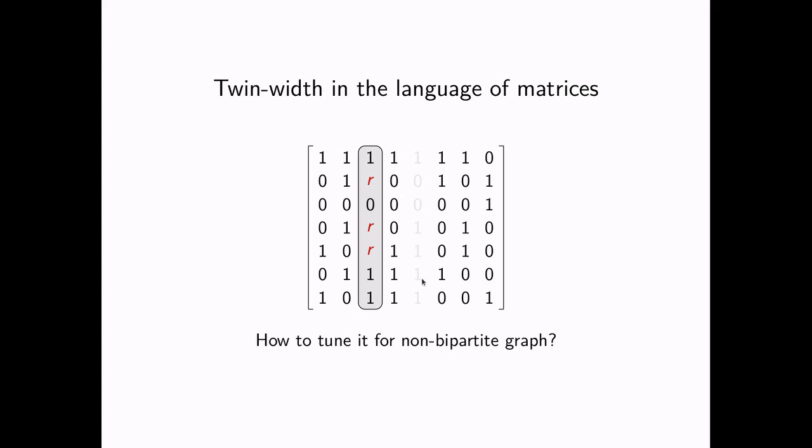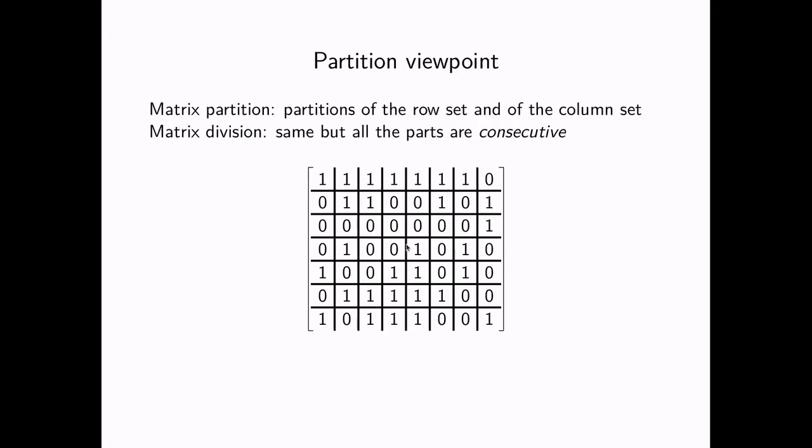But if you want to get the same notion of twin-width for your graph, you could start with your adjacency matrix, which is square and symmetric, and whenever you perform a contraction of, let's say, 2 columns, you perform the symmetric contraction of the 2 rows. But again, we will not worry about this, so maybe it's better to think in the bipartite setting.